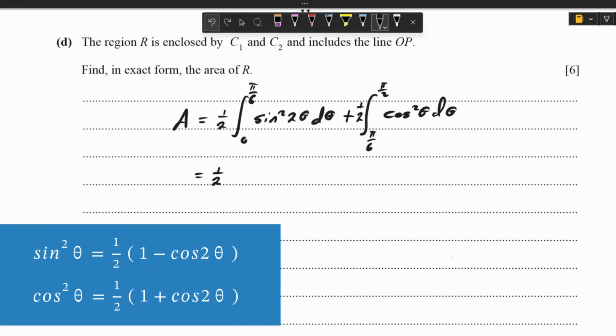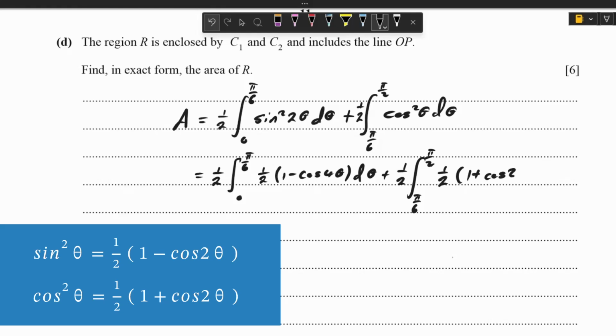So when integrating sine squared 2 theta, it's like integrating from 0 to pi over 6 half of 1 minus cos 4 theta with respect to theta, and that's plus half of the integral of, for cos squared theta, using one of the identities, with limits pi over 6 to pi over 2, half of 1 plus cos 2 theta with respect to theta.